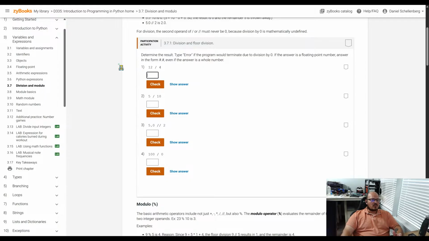Okay, so what, 12 divided by 4? I mean, do I need a calculator for this? This is what I was talking about with simple math that I'm bad at. So this is going to be a whole number. It's saying answer pound point pound, even if the answer is a whole number. So this would come back with 3, a whole number. So some division yields a floating point result.